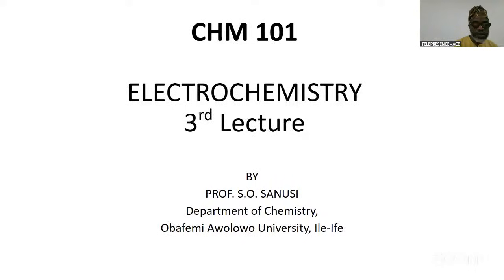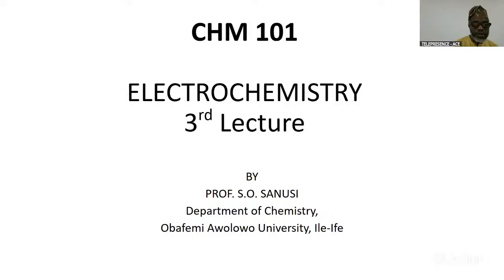The cathode for this type of cell is made up of a carbon plate surrounded by powdered carbon and manganese(IV) oxide. That is the common cathode for all of them, even the wet Leclanché cell.